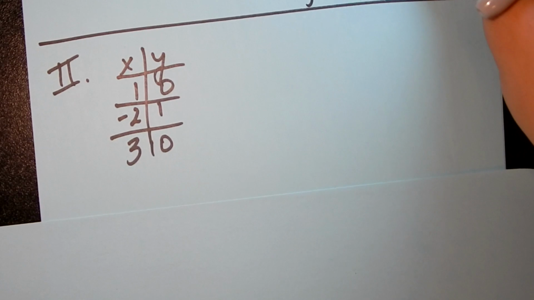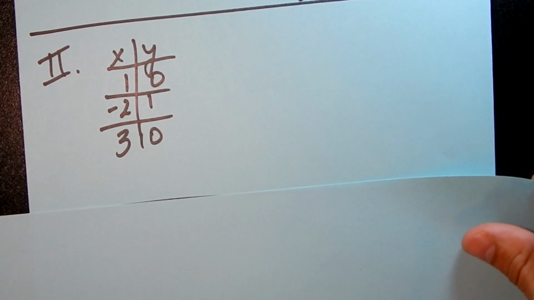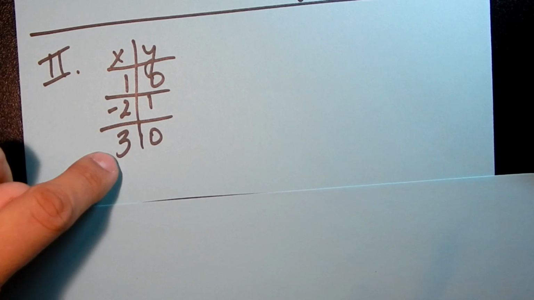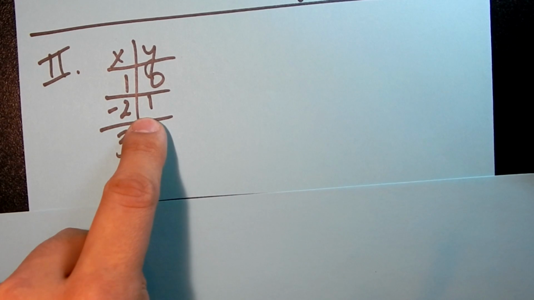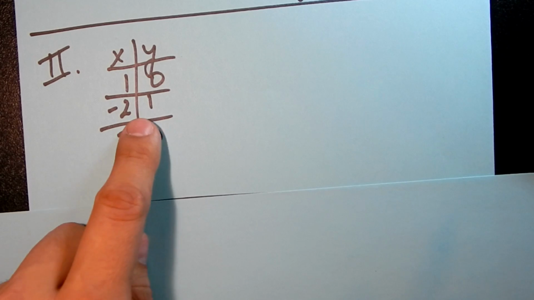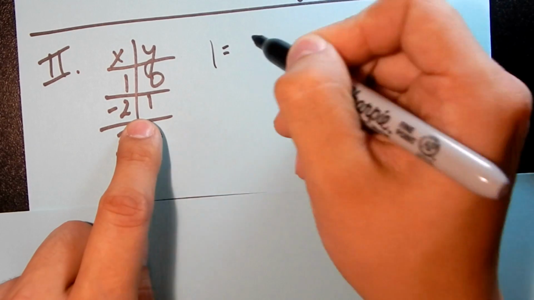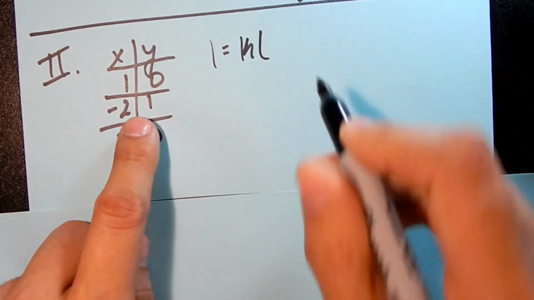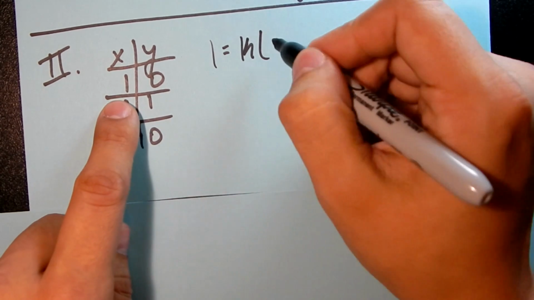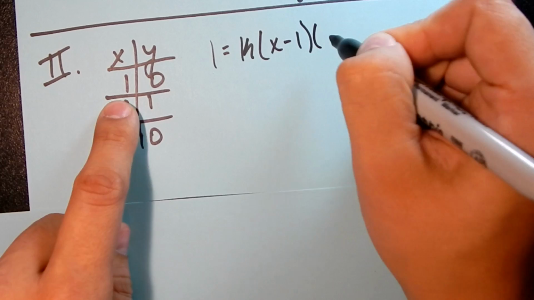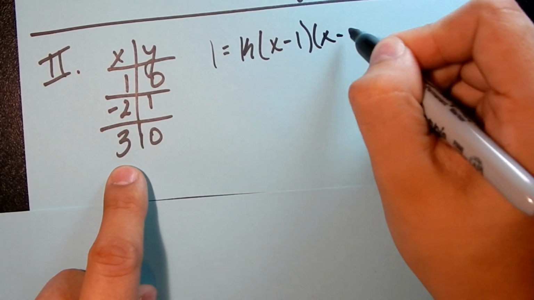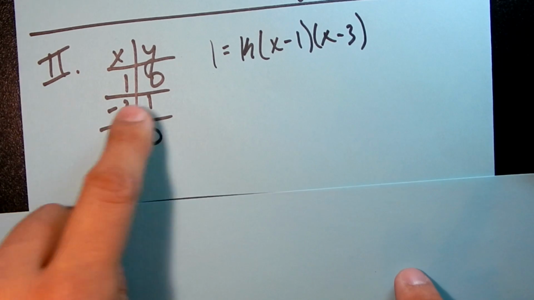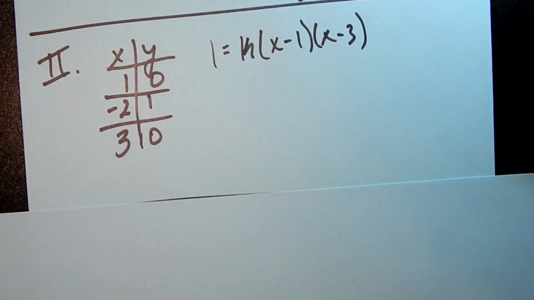The second part follows almost exactly the same, except now this is a 0 and this is a 0, and then we've got these values that we're using. So my y value is 1, so I have 1 equals k times this factor, x minus 1, and then this factor, x minus 3, and then I have to substitute -2 in for x and then solve.